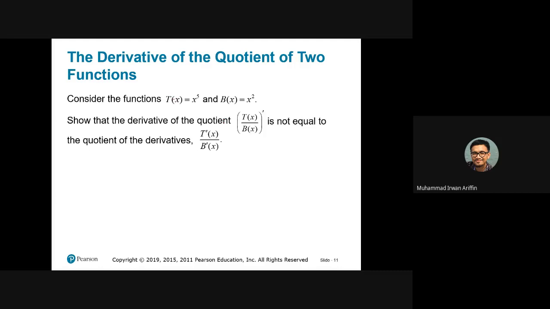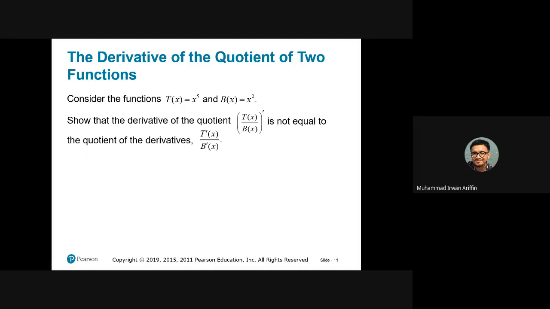So t(x), the top function, and b(x), the bottom function, the numerator and the denominator. If we divide the function first and only then find the derivative, it is not equal to the quotient of the derivatives, when we find the derivatives separately and then divide. Let's investigate this.